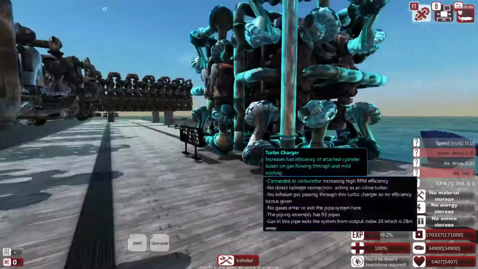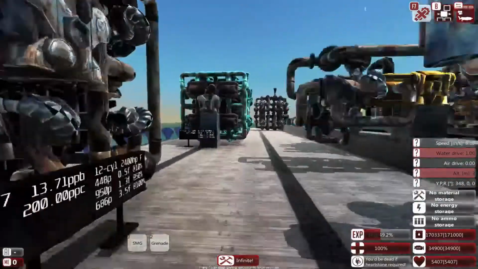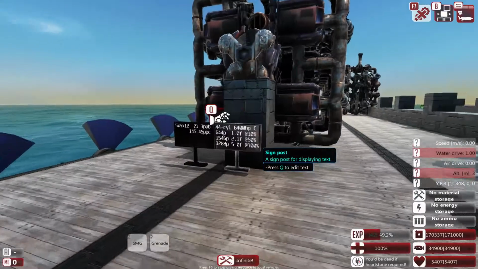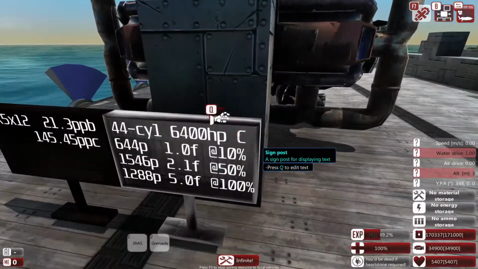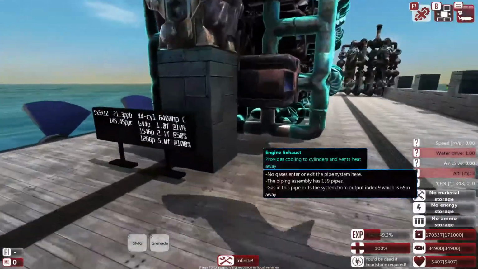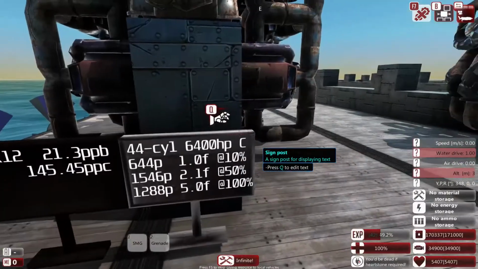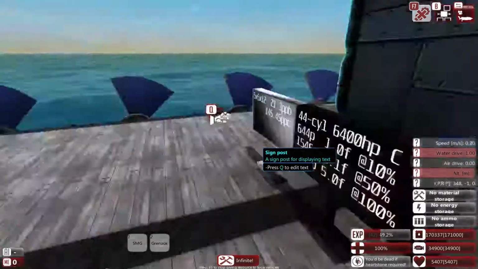That is still decent power per fuel usage. It's still a power guzzling motor, but it's also 44 cylinders, 6400 horsepower. So it's still a C rating. So you say, wow, 5 fuel a second versus 0.3 fuel a second. This is not very efficient, but it is, because it still makes 1288 power per fuel.